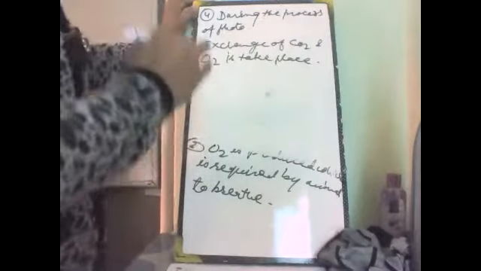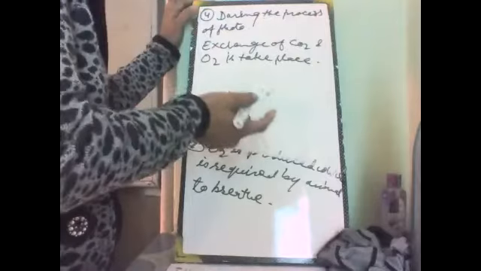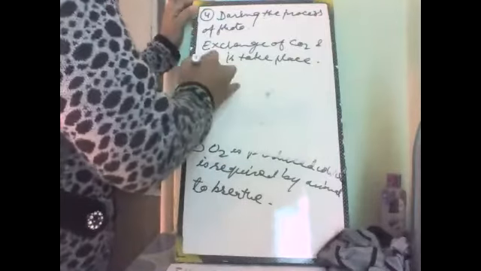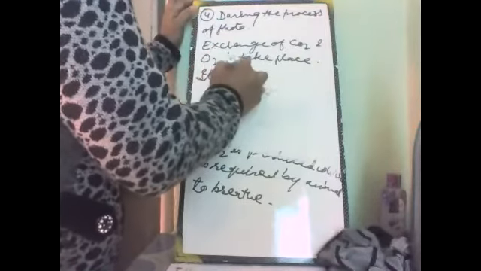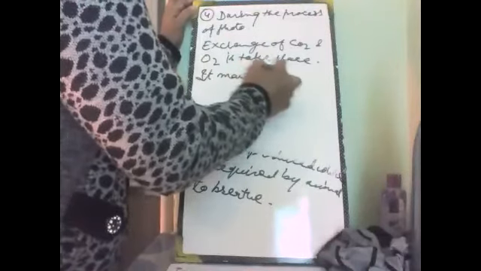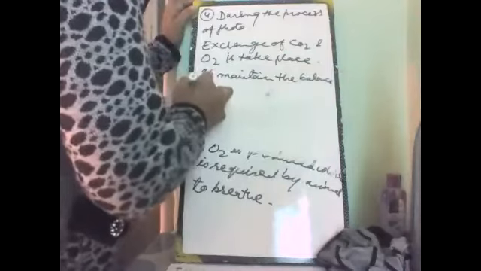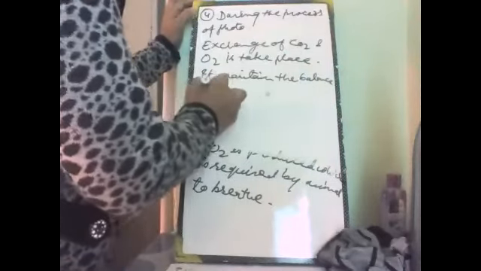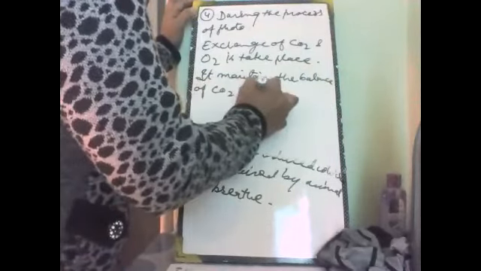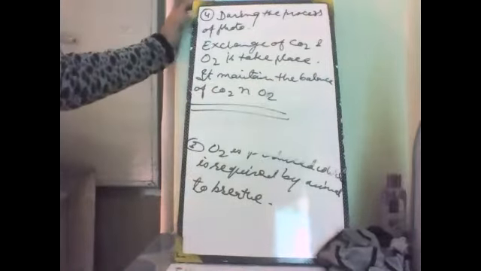CO2 is required by the plant and oxygen is required by the animals. So it maintains the balance of CO2 and O2. These are the importance of photosynthesis.